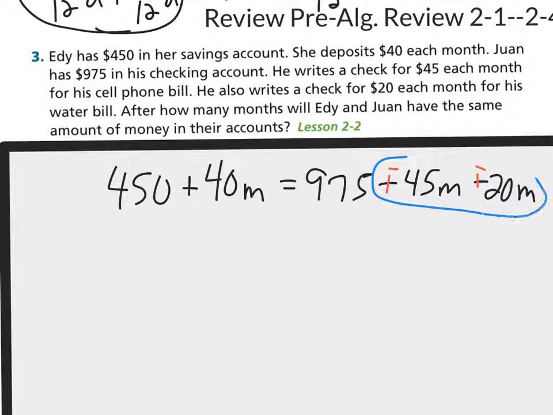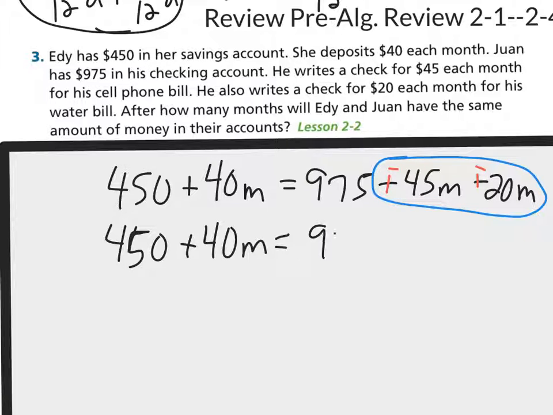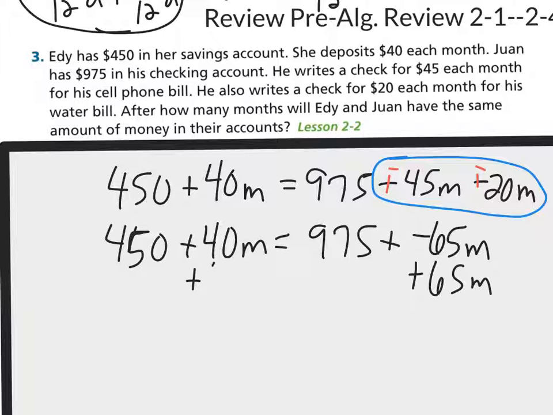If you wanted to just look at overall how much Juan was spending on his bills each month, you could just add those together first, which would be $65. Nothing to distribute here, no like terms to combine on either side. If you like positive numbers, probably we'd want to add 65m on both sides.